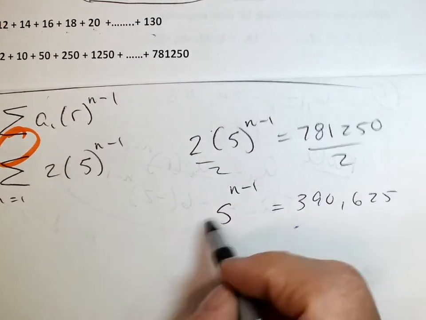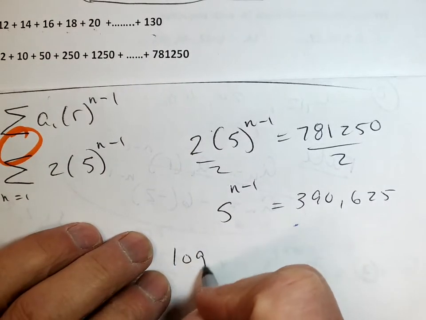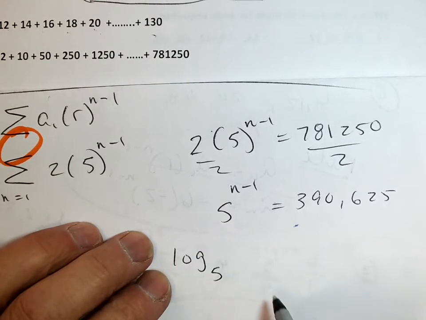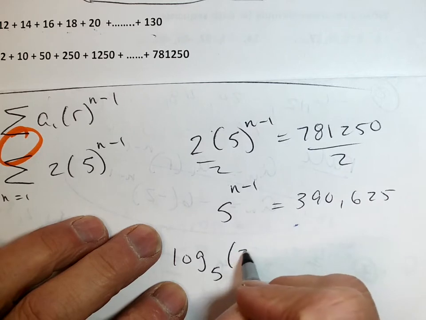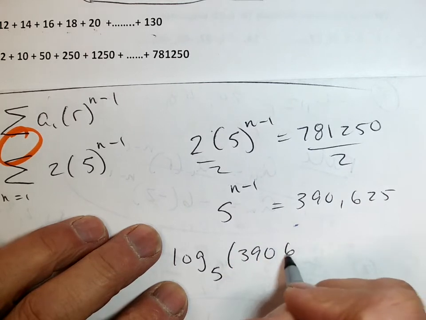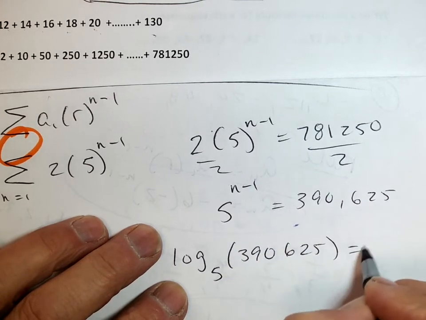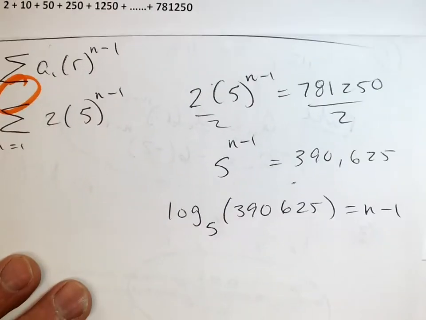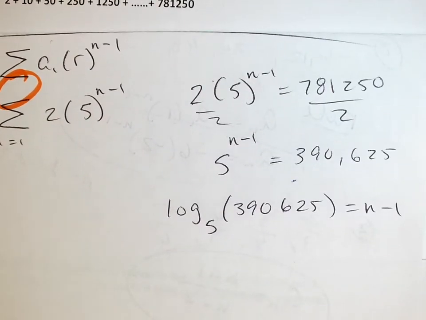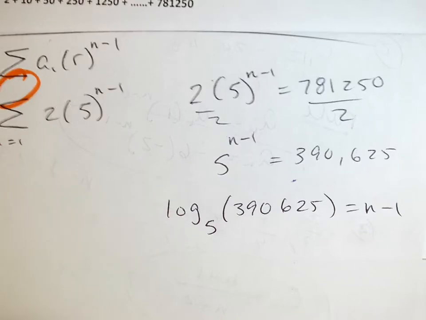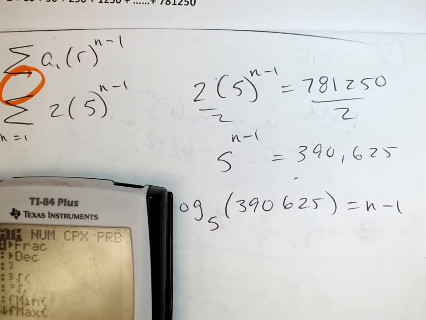We could say log base 5 of 390,625 equals n minus 1. Remember doing logs? Hey, we're going to use some stuff we learned a long time ago. So if I do my logs, I'm going to just use my math. Ah, we're using logarithms. It makes me so happy that we're actually doing logarithms.